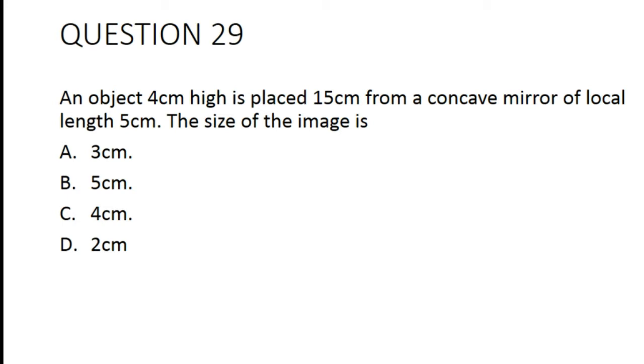This will give us 7.5. So our V is 7.5 centimeter. But for us to actually find the size of the image, we use the formula HI equals to HO times V all over U. This will give us 4 times 7.5 all over 15. And this will be equals to 2 centimeter.